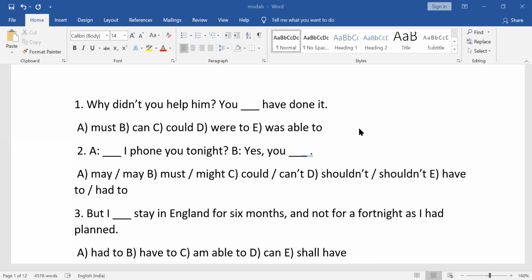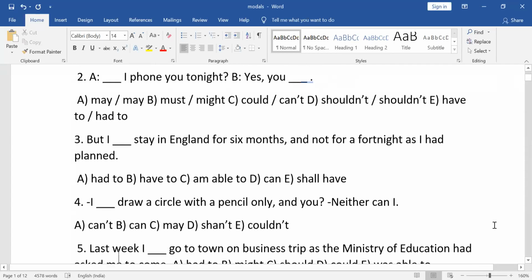Which one fits here? I cannot go for "must I phone you?" No. "Could I phone you?" maybe I can say that, but other things should also match. You said A, you are right. May I phone you tonight? Yes, you may. So this is used here as a request. Very good. As I said, it can also be used for probability, but here it is not that idea.